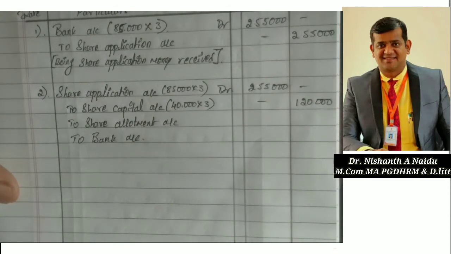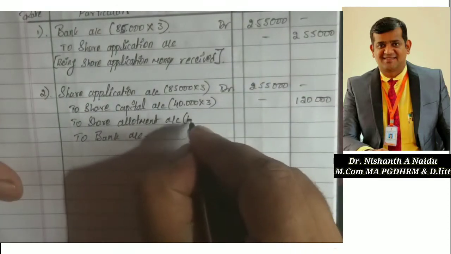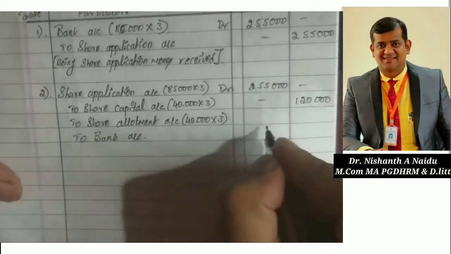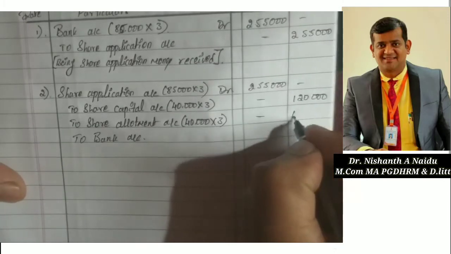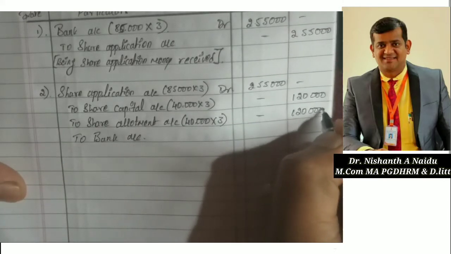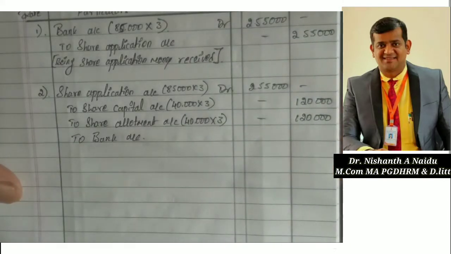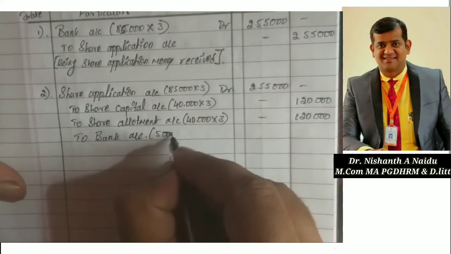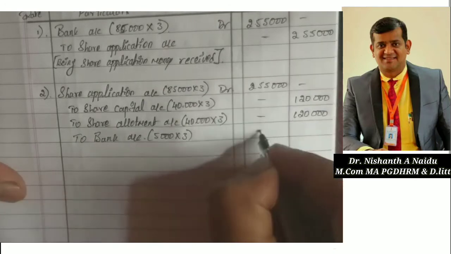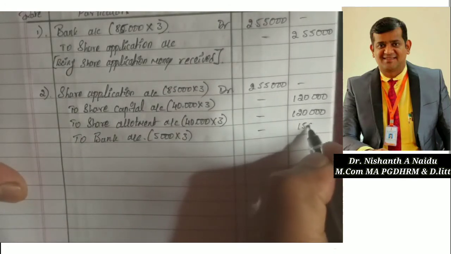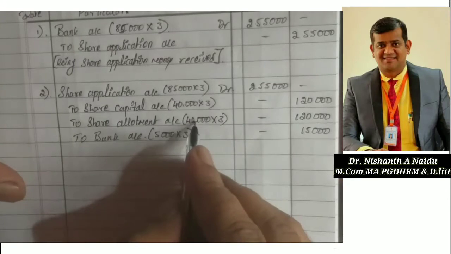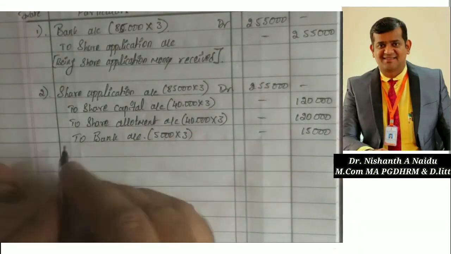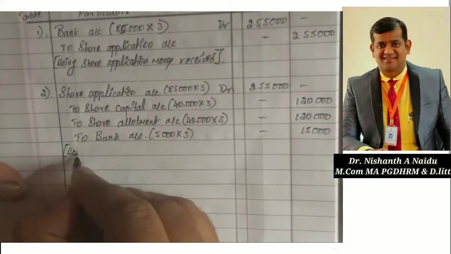You can check pro rata allotment. So next, 40,000 application money we have adjusted towards allotment. So 40,000 into 3 again, 1,20,000. To bank account, how much rejected and refunded? 5,000 into 3. So that comes to 15,000. So 40 plus 40 plus 5, 85,000. Understood? So let us write the narration for this.